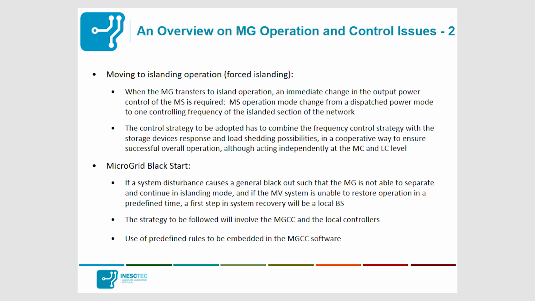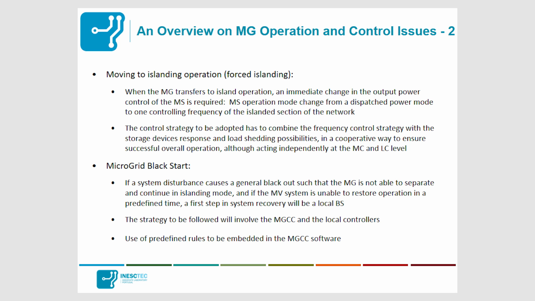we can have a forced islanding because there's a default upstream in the grid, and then suddenly the microgrid becomes islanded. And in this way, this requires that locally we have devices that will be capable to respond to frequency changes and should be able to keep the balance locally.